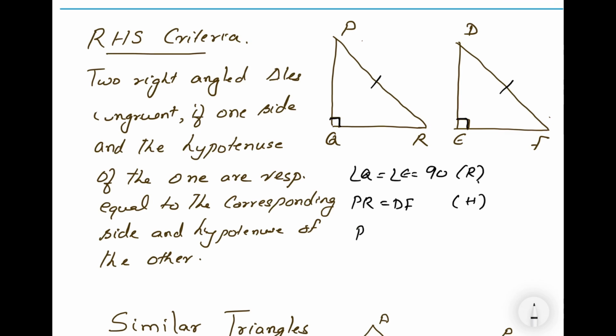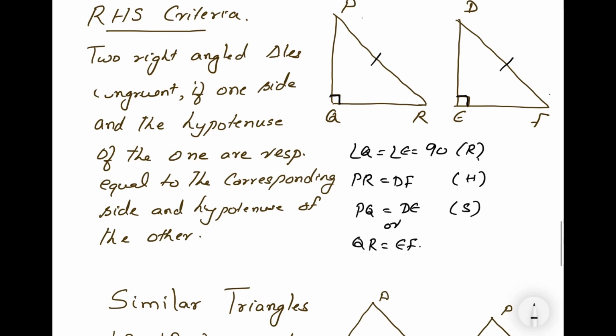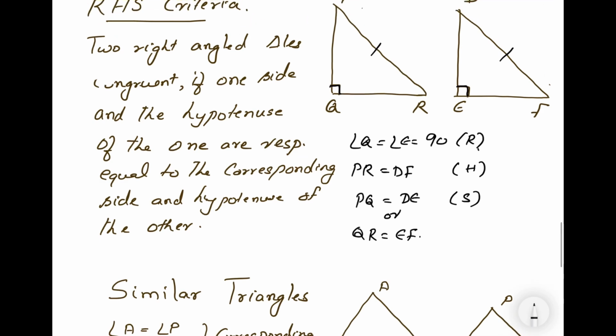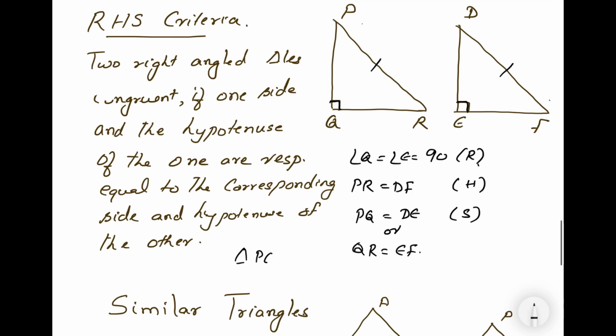So it can be PQ equal to DE or QR equal to EF. Then we can say triangle PQR is congruent to triangle DEF.